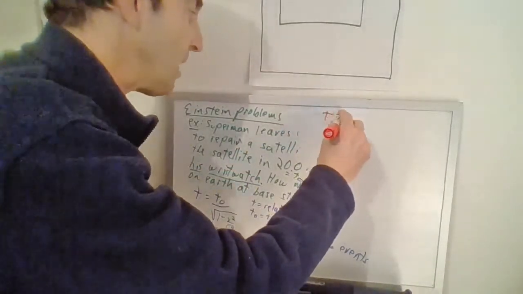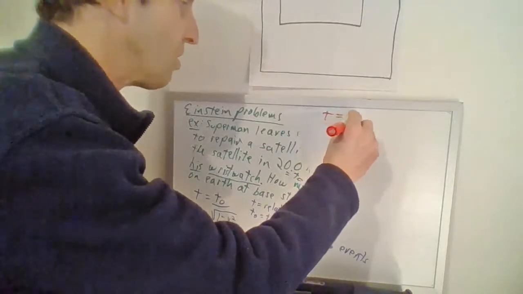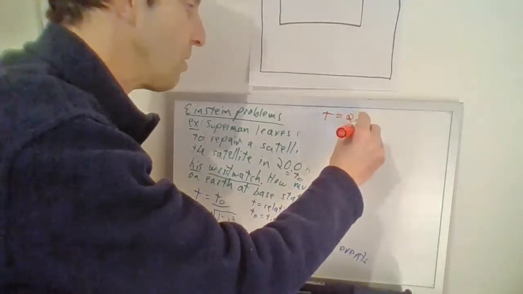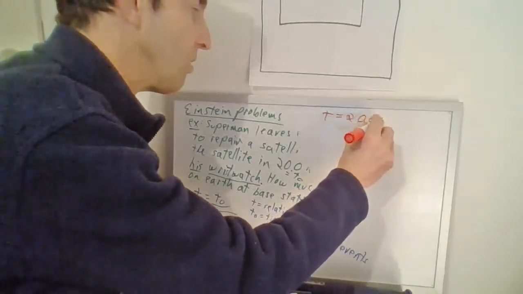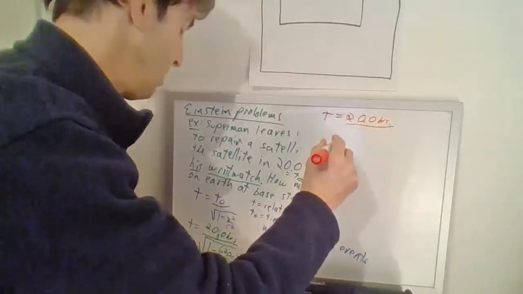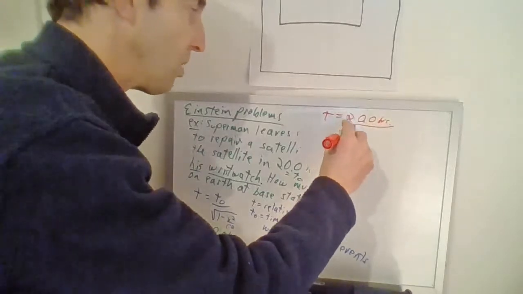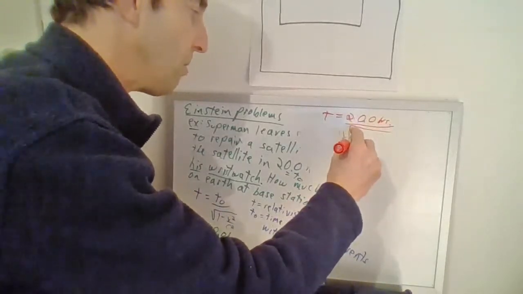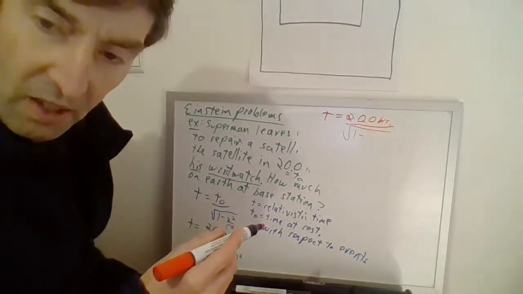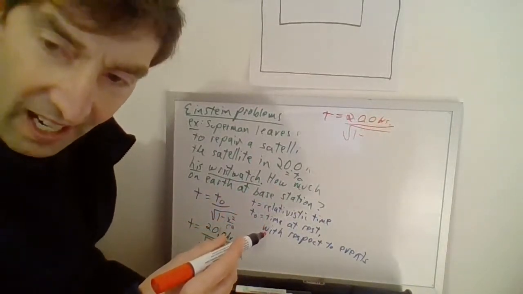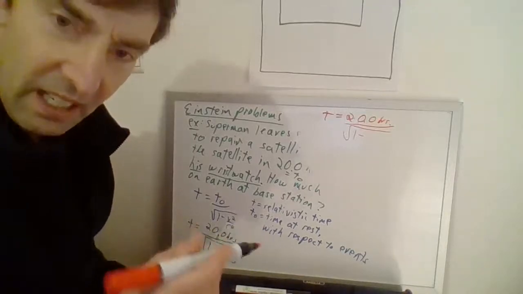Okay, so what does that mean? I got 20.0 hours divided by square root of 1 minus, okay, so 0.7 times 0.7. Exactly. Don't do that. Right, exactly, Ellie.